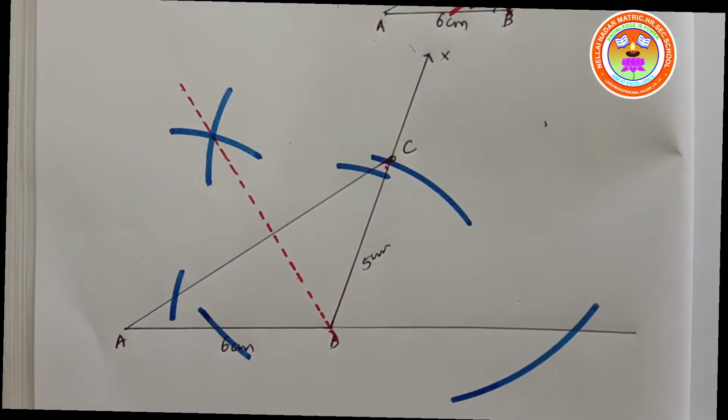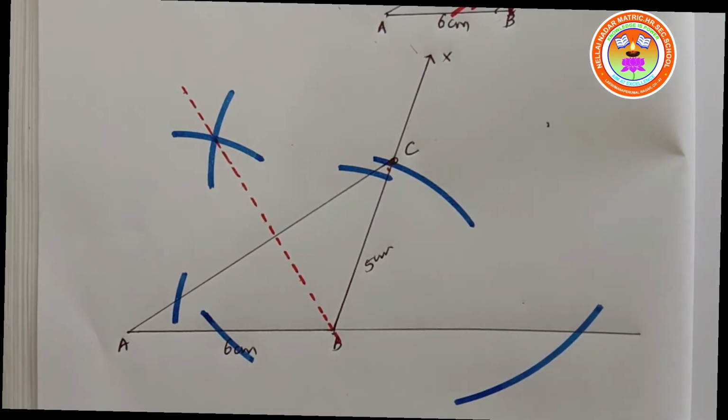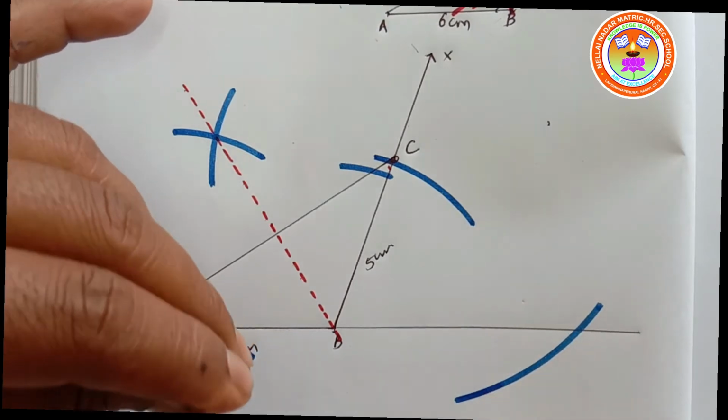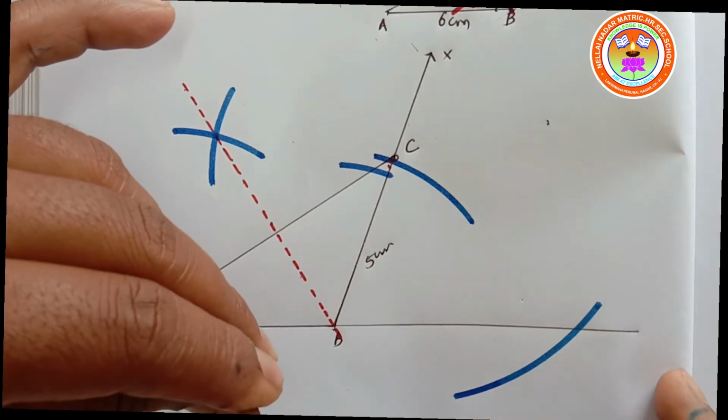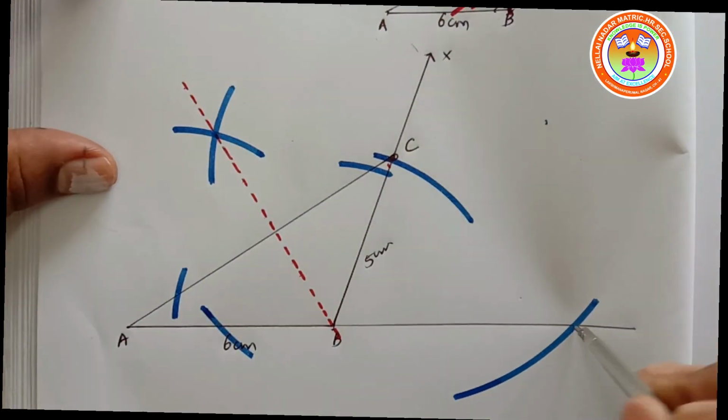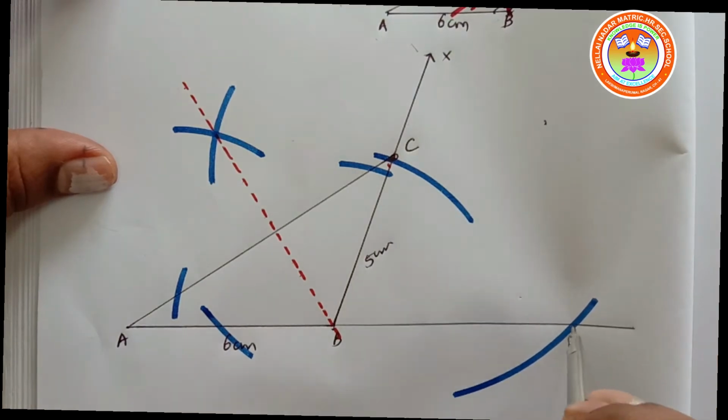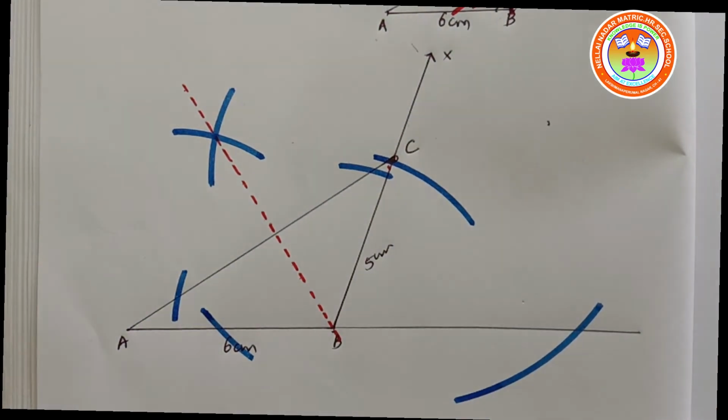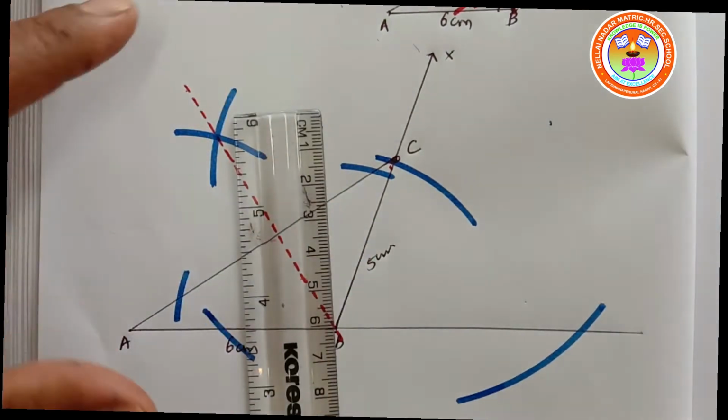Okay, you have extended. Again with same radius, we are going to cut an arc. Same radius. Now, from C to this point.